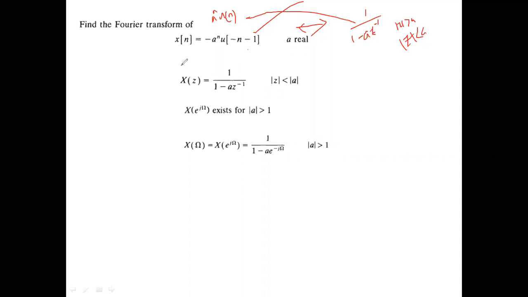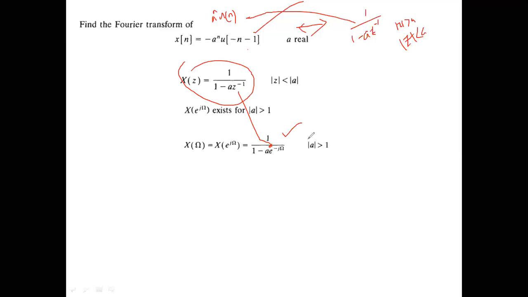But now this is DTFT, the discrete time Fourier transform. So here we just have to solve straight away, like Z transform, with z replaced by e to the power j omega. So the Z transform of minus a to the power n u of minus n minus 1 is 1 divided by 1 minus a z to the power minus 1. We'll simply replace z by e to the power j omega and we'll get this answer.